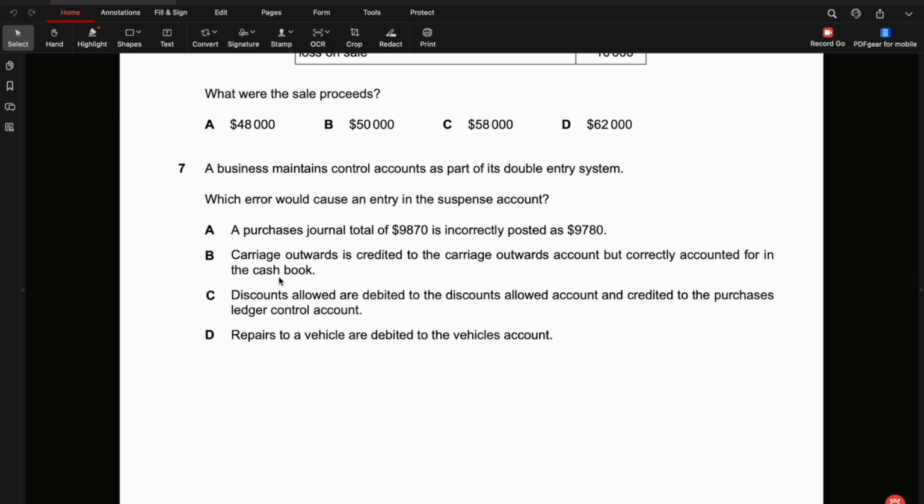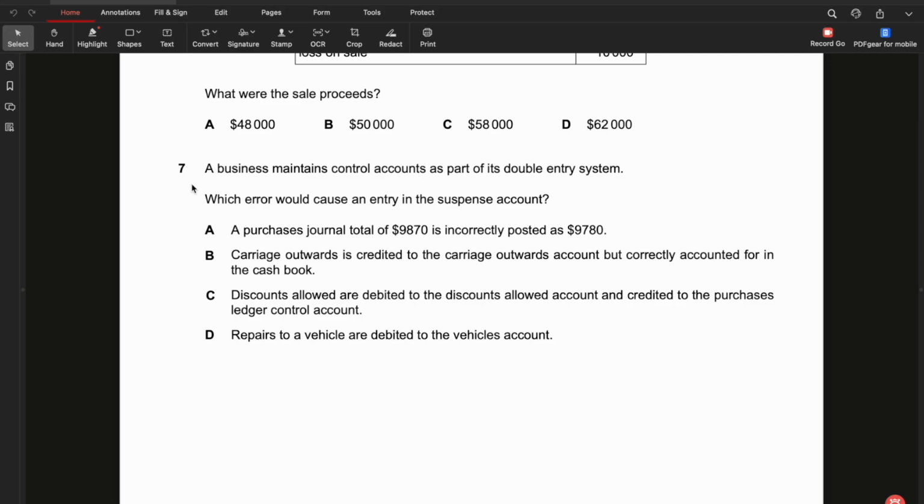So basically it is on the credit side, and they say that it is correctly entered in the cash book. So that means the carriage should have been on the debit side, we wrote it on the credit side, and this could have caused the difference in trial balance and the creation of suspense account. So your correct answer is 7B.